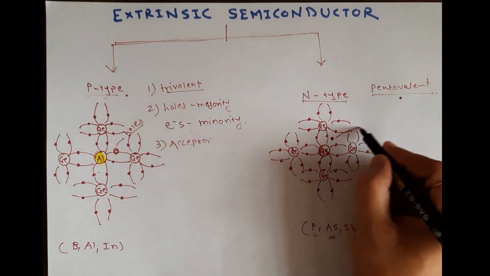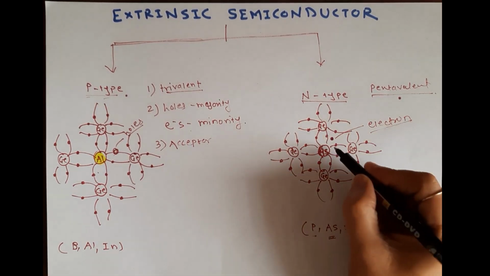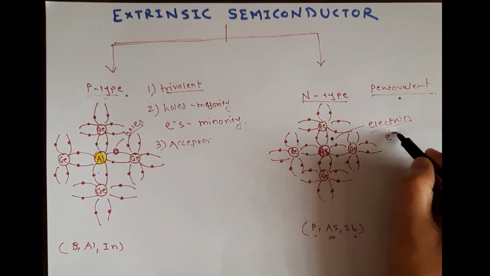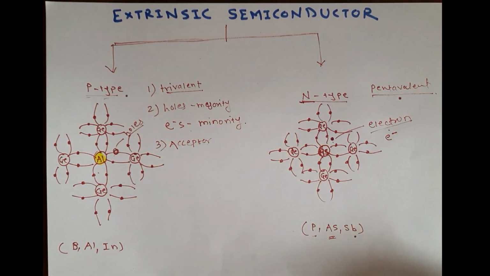So this electron acts as a charge carrier. When the electron is the charge carrier, because it is negatively charged, we call it n-type semiconductor.